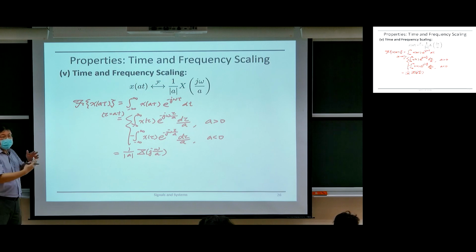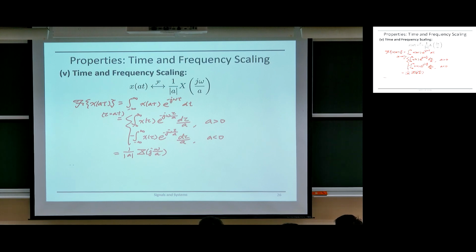So in the time domain, you're basically compressing the signal. So if a is greater than 1, then you're compressing the signal in the time domain, but you're expanding the signal in the frequency domain. Similarly, if you have a less than 1, then you're expanding the signal in the time domain, but compressing the frequency domain.